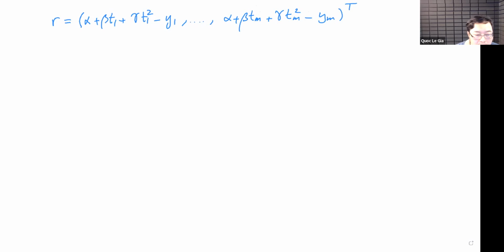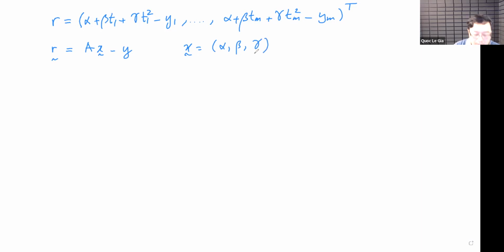Then the residual is defined to be Ax minus y. So what is x? x will be a vector of the three unknown coefficients: alpha, beta, and gamma.